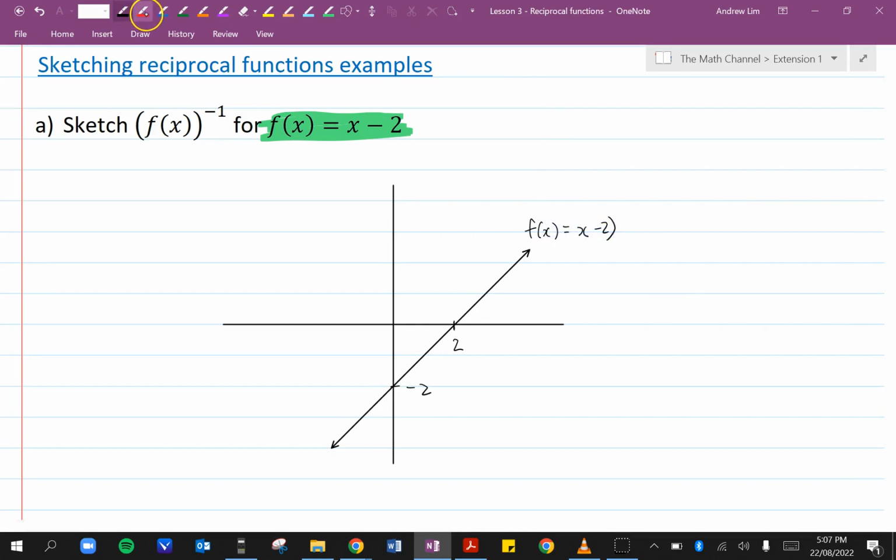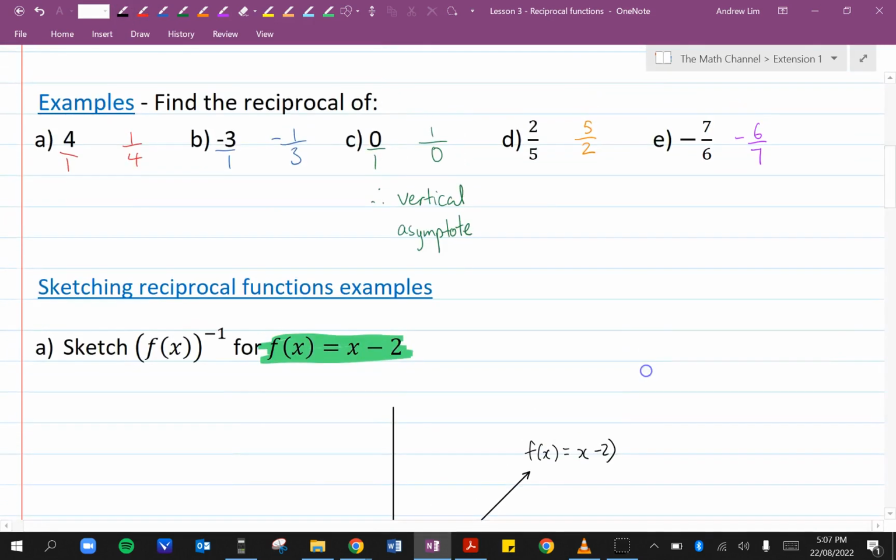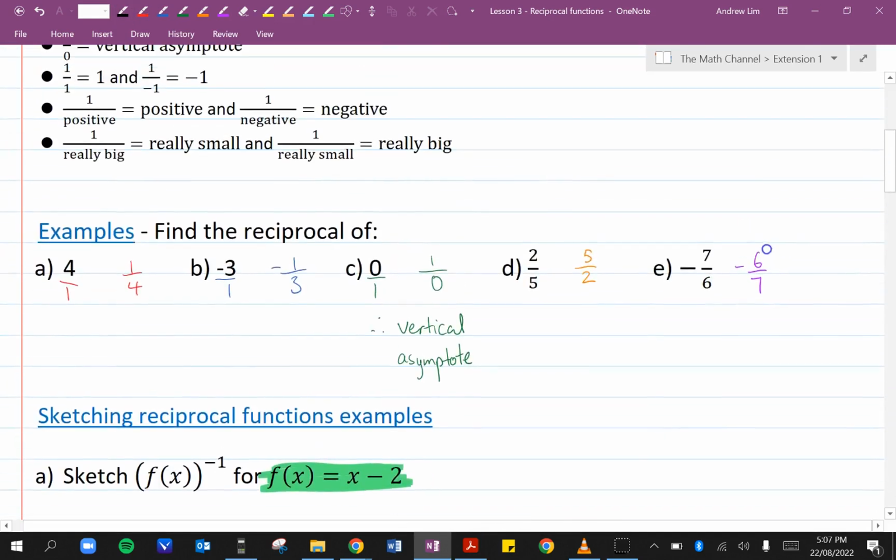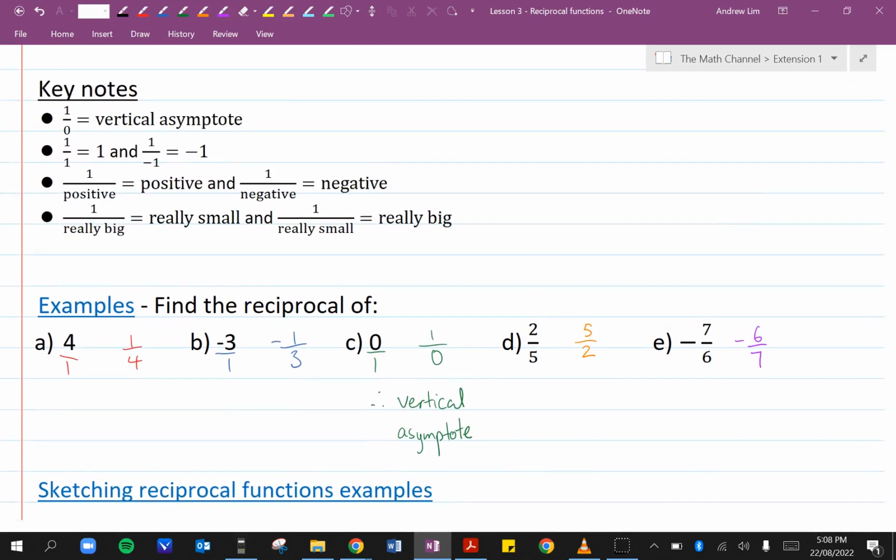Now that we've done that, we can actually sketch the reciprocal function, f of x to the minus 1. Now, up here, I said, look at these key notes. And all of these values that we are doing 1 divided by, we are looking at the y value, not the x value.